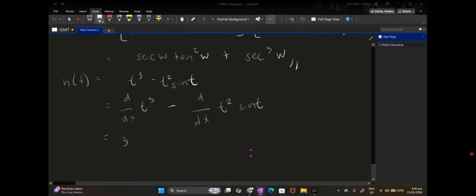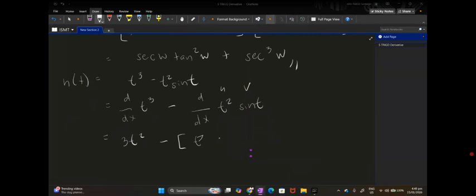So, let's get the derivative of this first. It's gonna be 3t squared minus ito, derivative na ito. So, again, U natin is t squared. So, t squared multiplied by the derivative ng v natin is cosine of t plus sine t multiplied by the derivative of t squared, it's 2t.